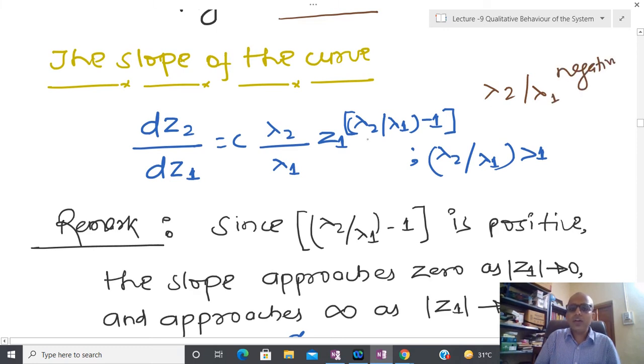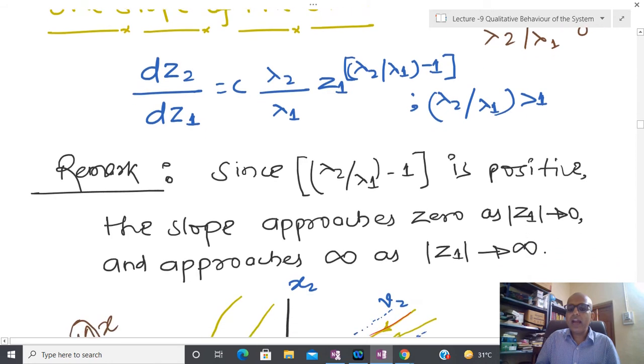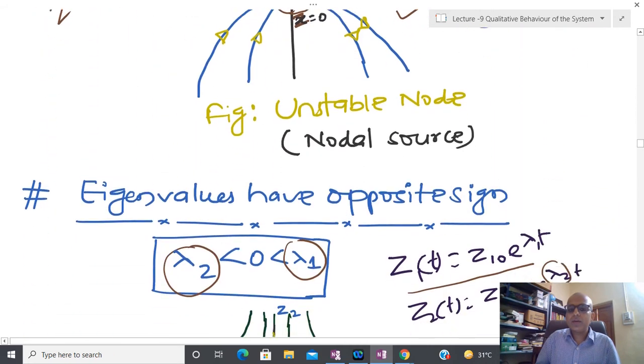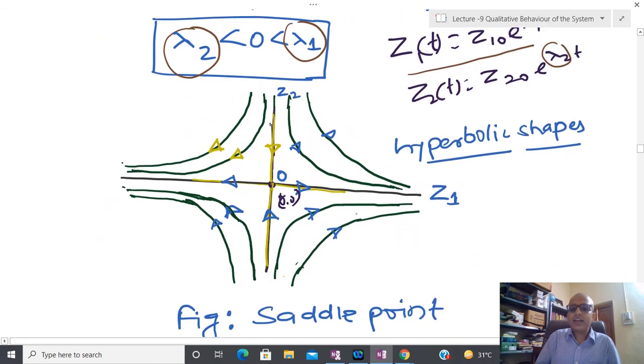So now z1 is in the denominator, and let us try to see this from the curve. Suppose Z2 is approximately 0 on this axis, and you consider this point.